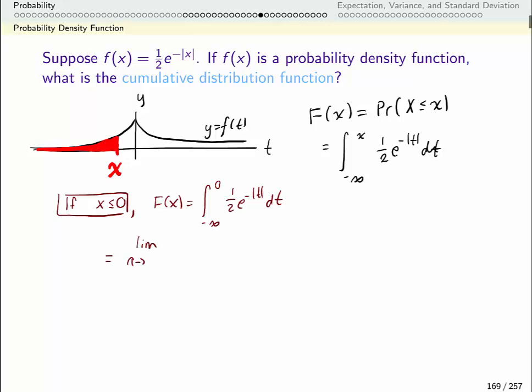Because it's an improper integral, I need to replace my problem bound with a limit. I know that this exponent is going to be negative, and I am indeed dealing with negative numbers. So this is just going to be e to the t. And if I refer back to my sketch here, I can see, yes, this looks like e to the x. Of course, that shouldn't be 0 in the upper bound. That should be x.